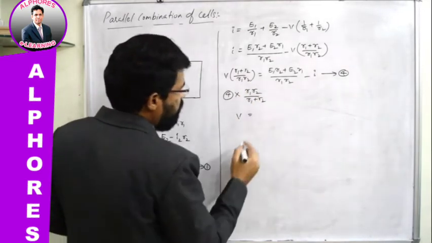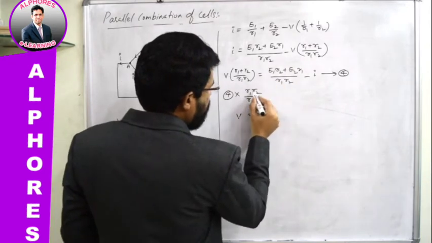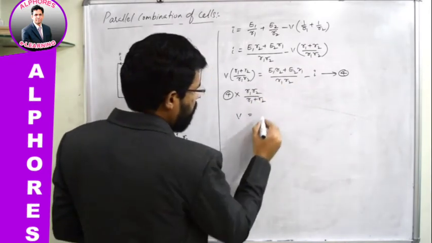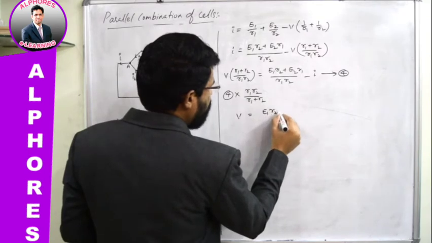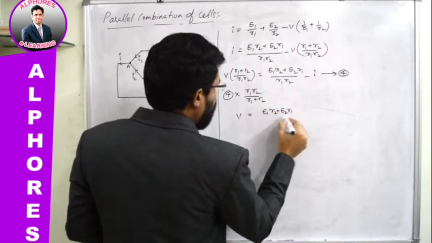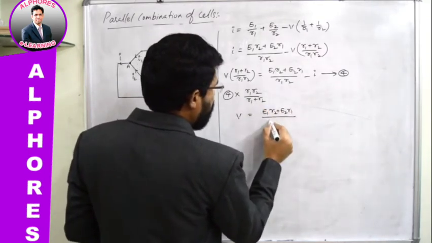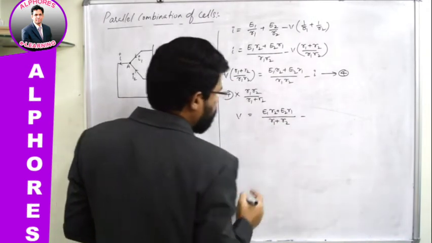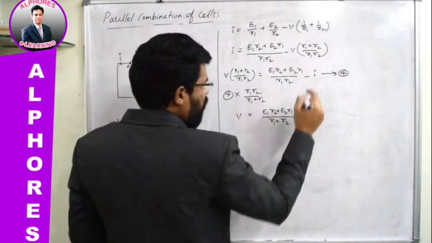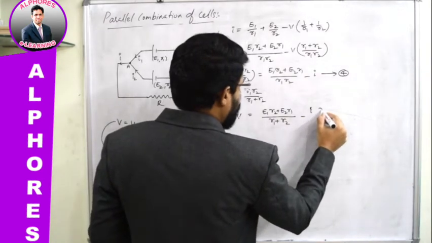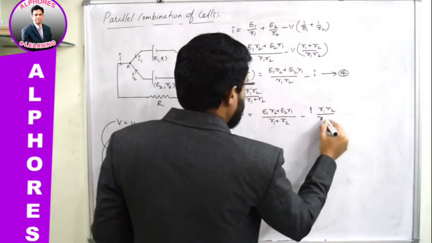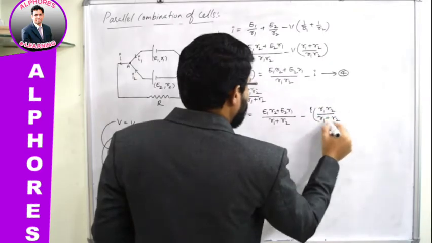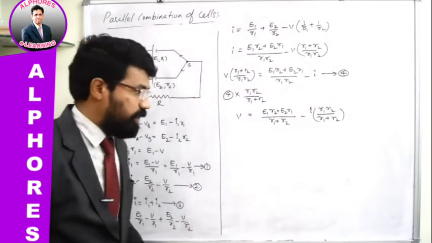On the other side, numerator and denominator get cancelled, and what you are left with is E1 R2 plus E2 R1 by R1 plus R2, minus, when you multiply this term to I, I into R1 R2 by R1 plus R2. This is what we will be writing, isn't it?